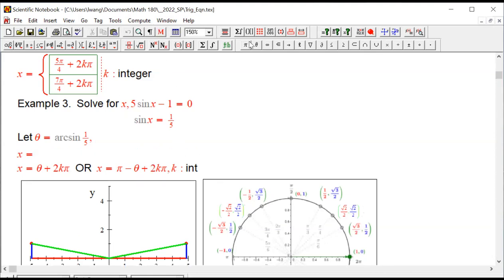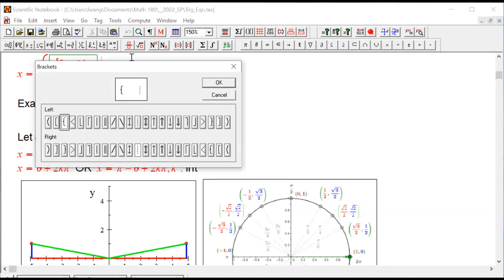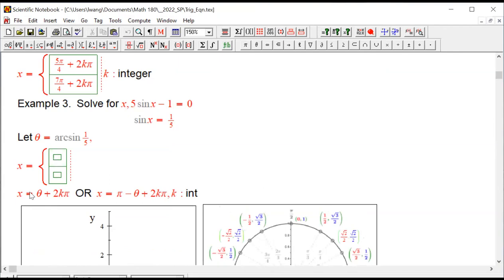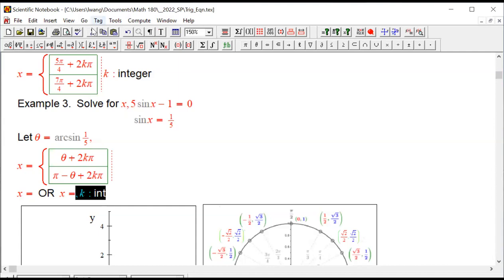X equals to, with this, I put this one over here. This piece over here. And k, I'm gonna put it right here. Okay, that's it.